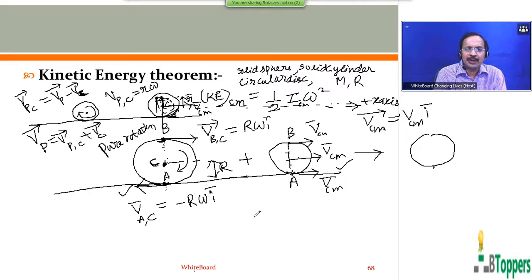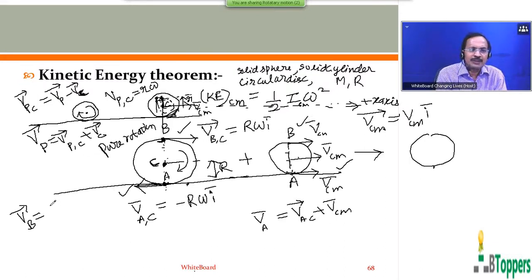That is the actual velocity of the bottommost point A of the body in contact with the floor, because you have to add the velocity of the point A with respect to center of mass and velocity of center of mass. Similarly, the actual velocity of the point B with respect to a stationary observer on the ground is the vector sum of velocities in these two figures, that is, velocity of the point B with respect to center of mass plus velocity of center of mass.